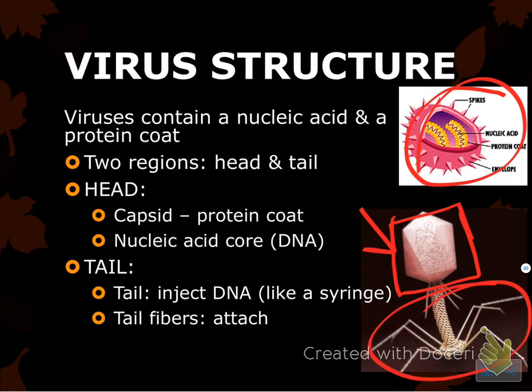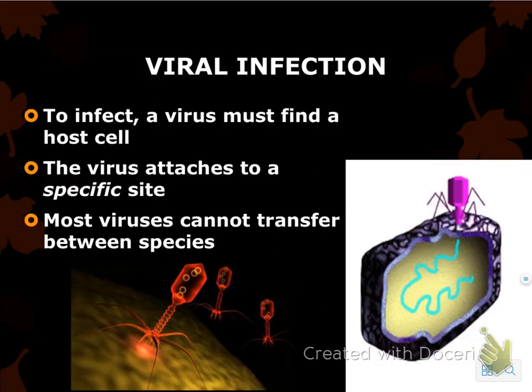The head has a capsid, and then the nucleic acid core, or your DNA. The capsid is just that hard outside covering that keeps it safe, and then the nucleic acid core is on the inside, all the squiggles. And then the tail is this part here, and then the tail fibers are these little guys. So he kind of looks like a giant robotic monster, basically.